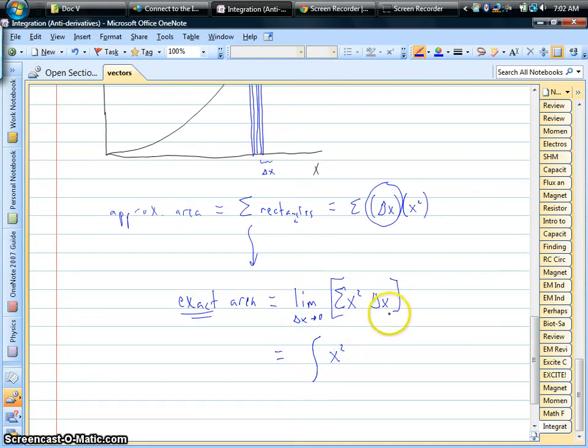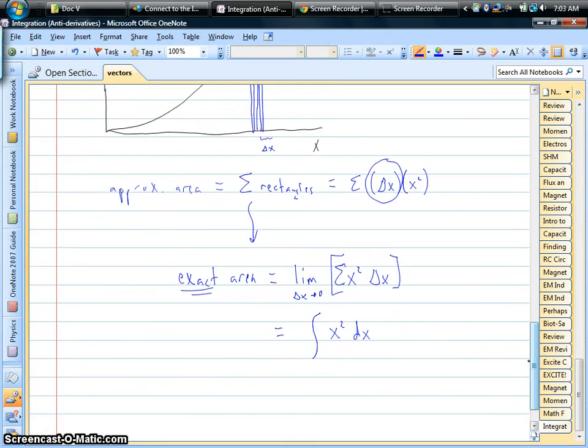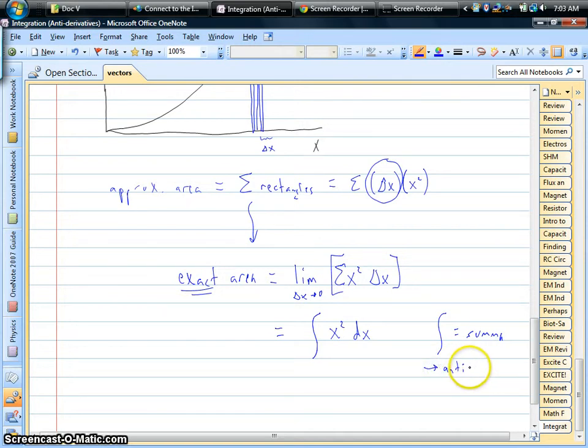And instead of a delta x, it's kind of like what we do for derivatives, we change the delta into a d. This is notation. Whenever we see this new symbol here, this tells us that we're going to have to find an antiderivative of whatever the function is that we're using.